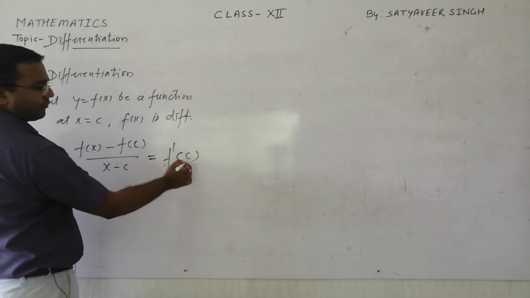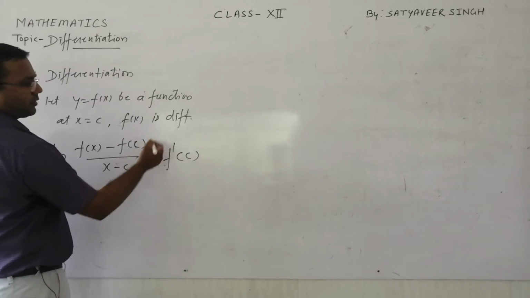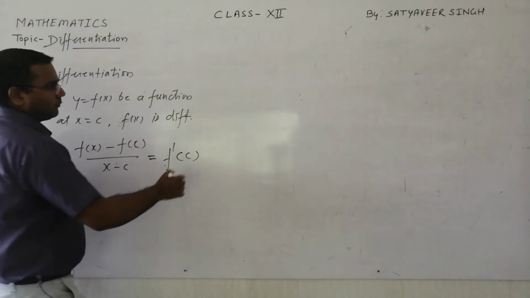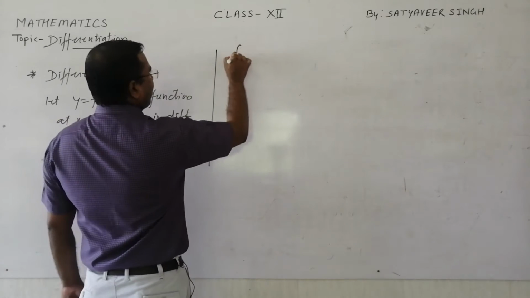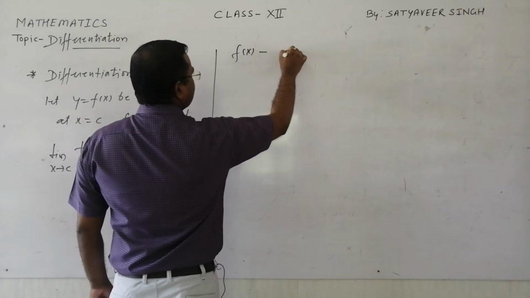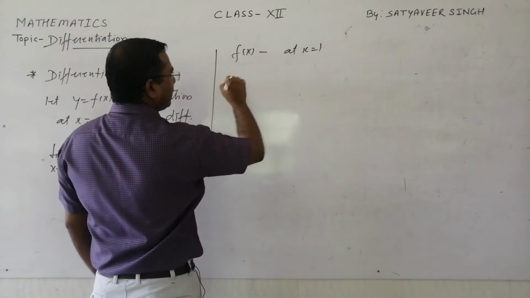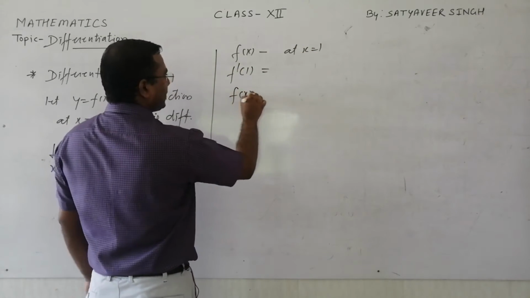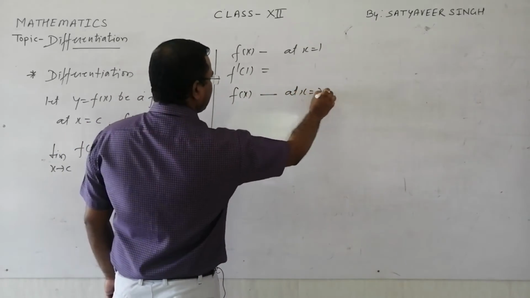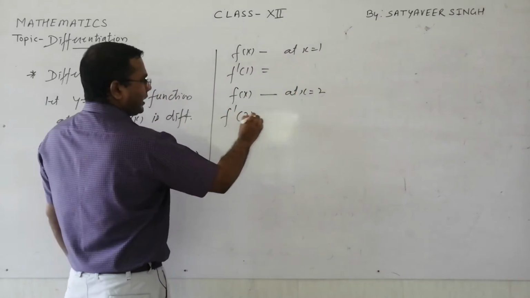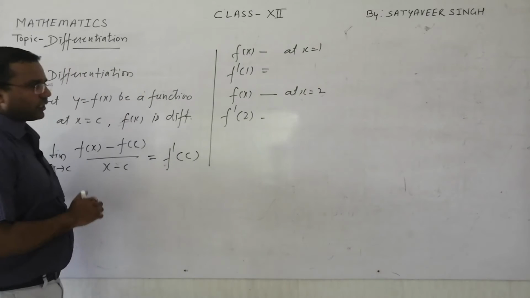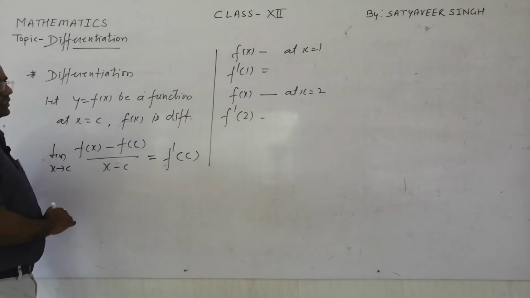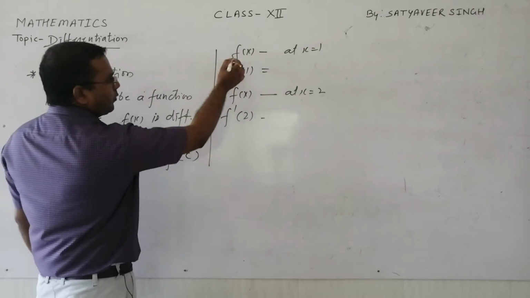If this function is differentiable at c, we represent it by f dash c. Similarly, if any function f(x) is differentiable at x is equal to 1, you can write f dash 1 also. If a function is differentiable at x is equal to 2, you can write f dash 2 also. Getting it? So this is one time differentiation we have done, so we write f dash.